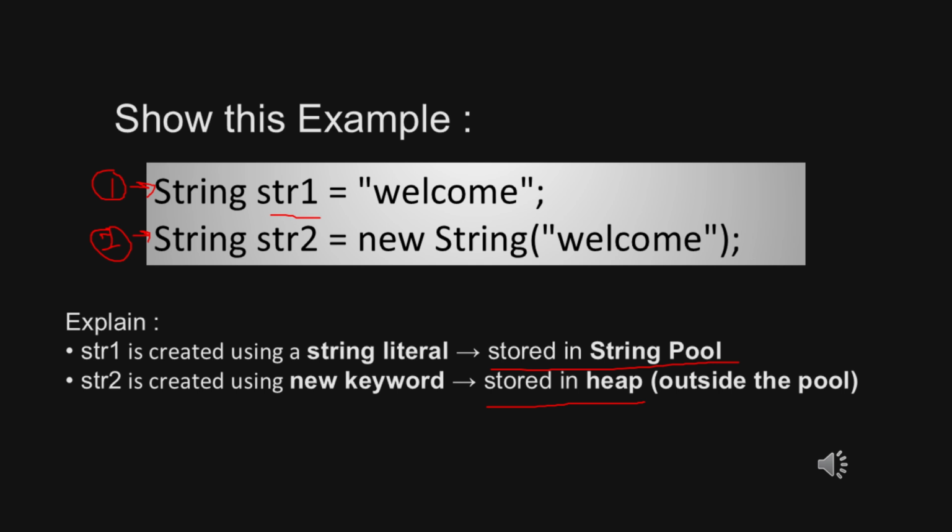Method 1 and method 2: using a literal and using the new keyword. str1 goes to the string pool, and str2 goes to the heap memory. Now we'll move on.